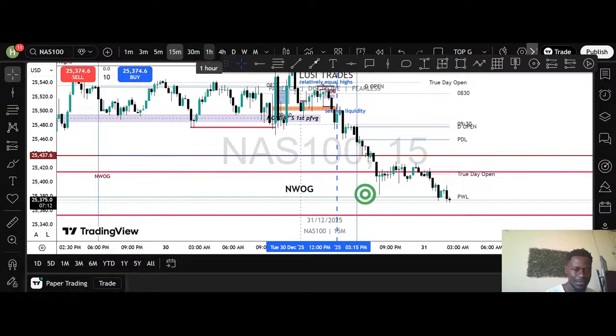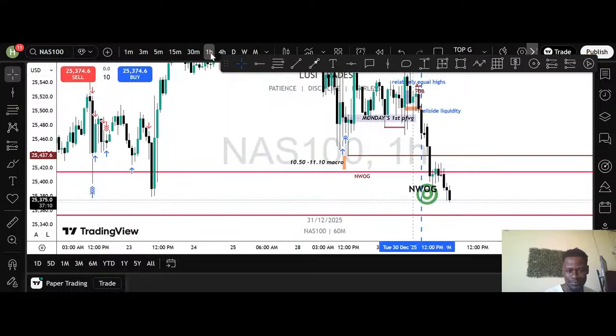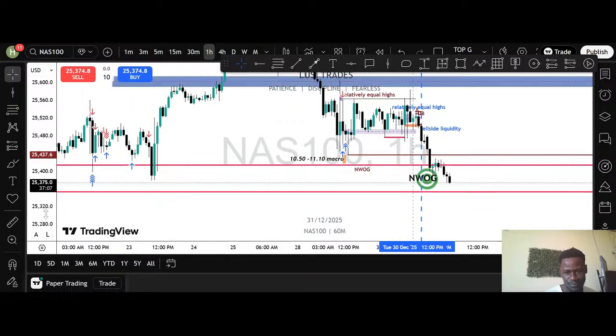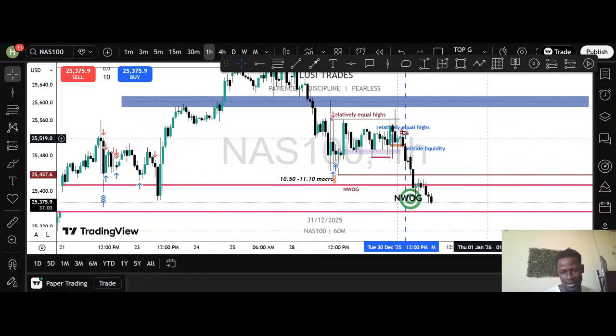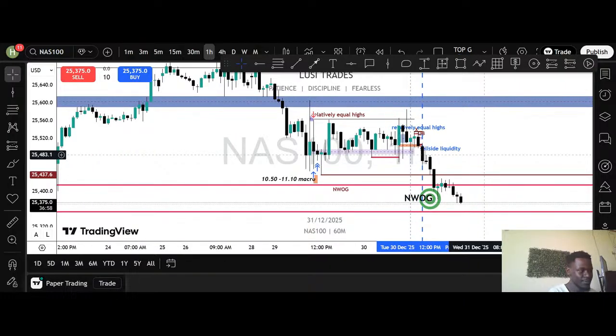We'll come and look at what price wants to do during the AM session, but now we want to watch what the London session has in store for us.